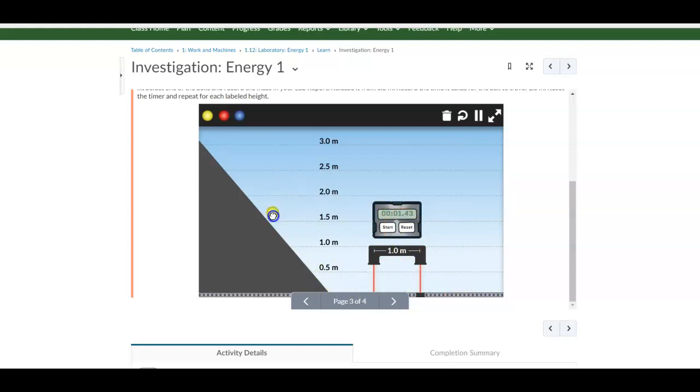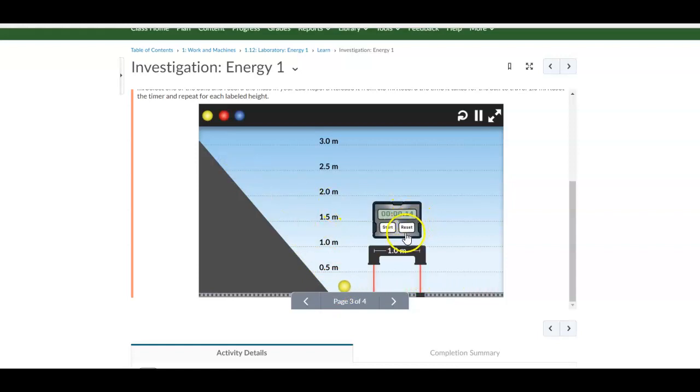Okay, so now we're at 1.5. And it takes 1.43 seconds. So at 1.5, it was 1.43 seconds. Now we're going up to 2. Now it's 0.14 seconds. So you can see it's getting a little faster. Okay, now we're at 2.5.